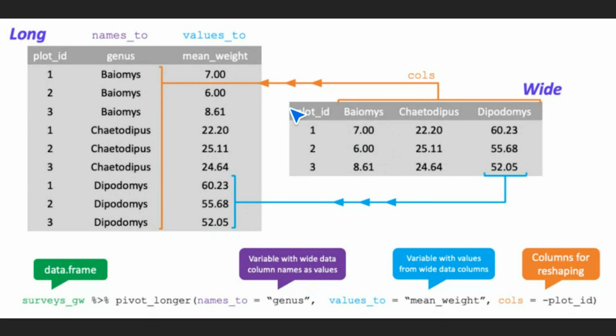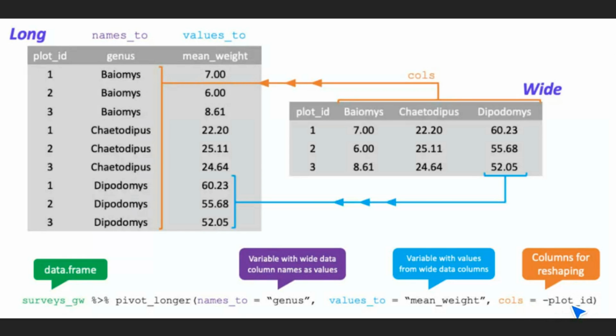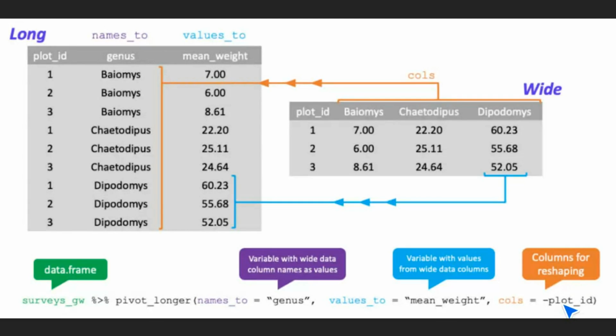The names of the columns go to a new column called genus. And what changes is that we need to specify the column that we will keep. That will be plot ID. So we will perform the operation with all the columns except plot ID. So you can do a transformation from wide to long.